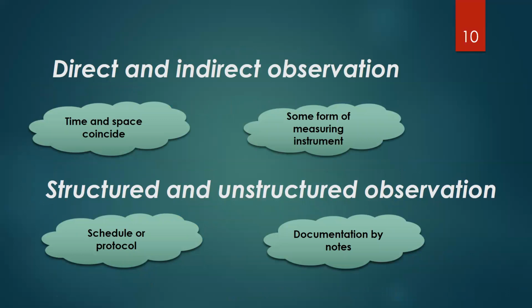Direct and indirect observation. Direct observation means that the observation occurs in the same time and space. The one person goes to some place at a specific time and observes; time and space coincide. Or indirect is some form of measuring instruments.